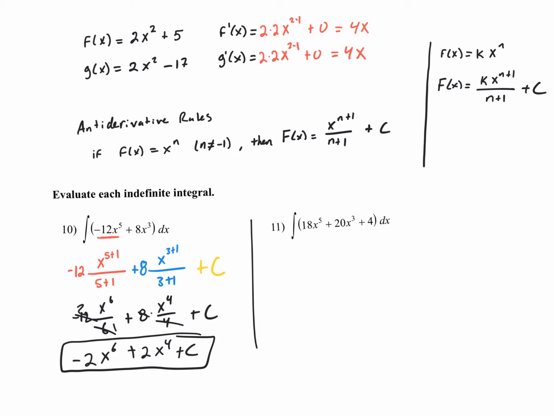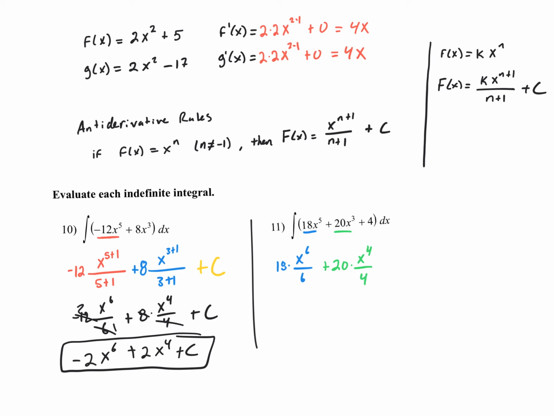Let's do that here for number 11. Same idea here. For this 18, I'm going to have 18 multiplied by x to the 6th over 6. I got that 6 because I said 5 plus 1, and divided by the new exponent. For this next one, I'm going to say plus 20 times x to the 3 plus 1, which is 4, over 4.